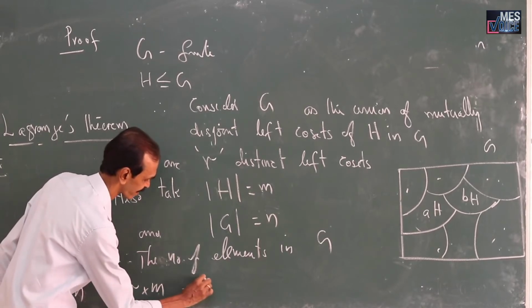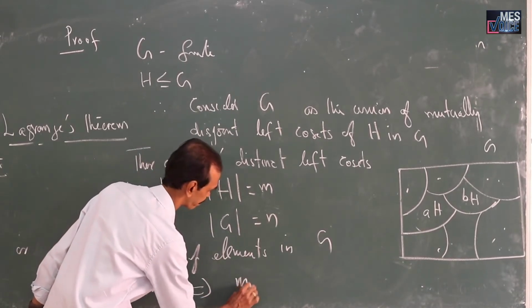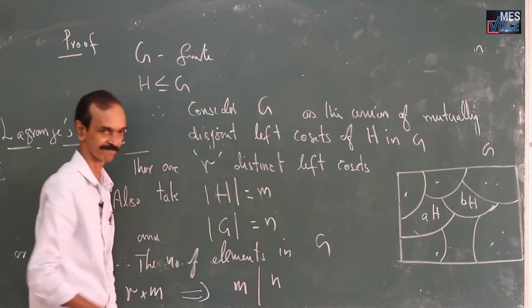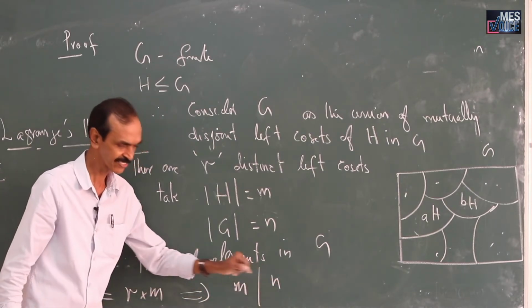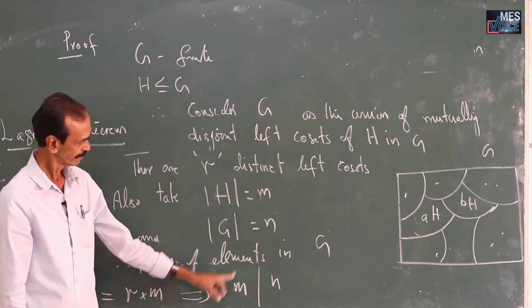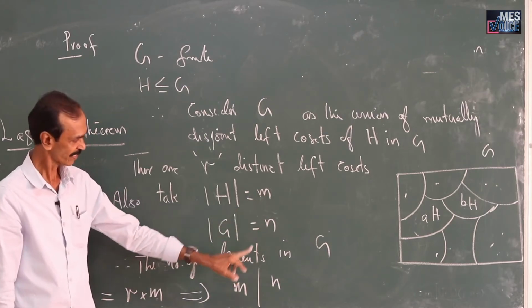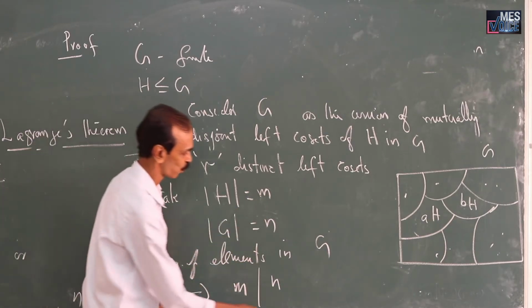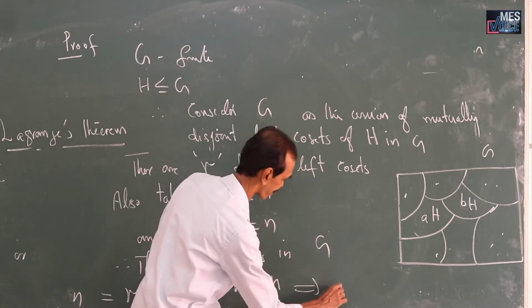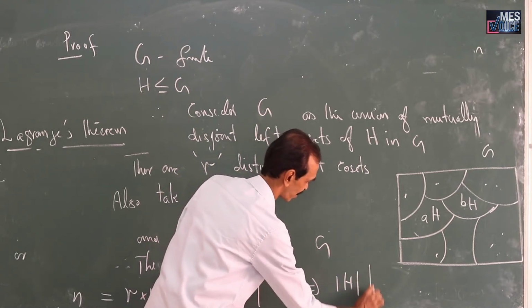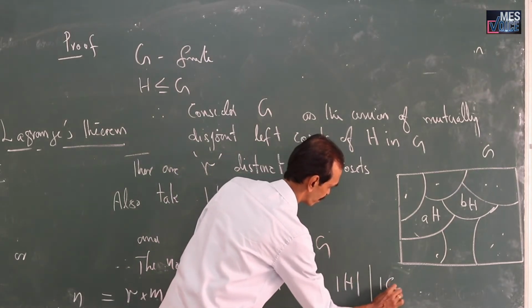This means that M divides N. That is, M is a divisor of N. What is M? Order of H. What is N? Order of G. So, we arrived at the required result: order of H is a divisor of order of G.